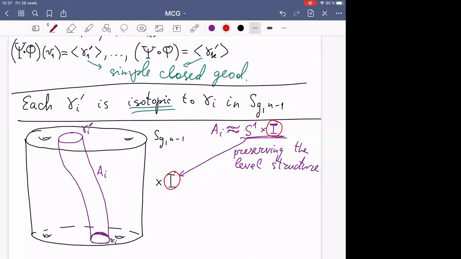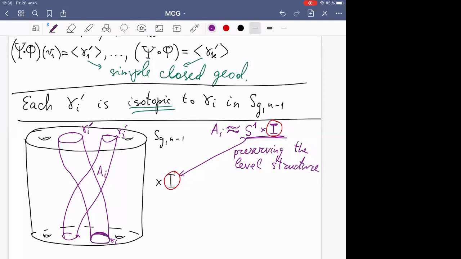Isotopy means that our curve changes in time, and finally it is gamma I prime. Okay, and now we have many such cylinders for different I. I just draw another one, so gamma J prime, and here is gamma J. Well, something like that. These cylinders may intersect and so on.